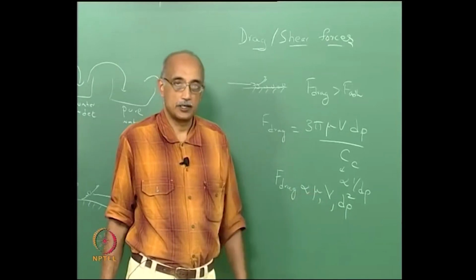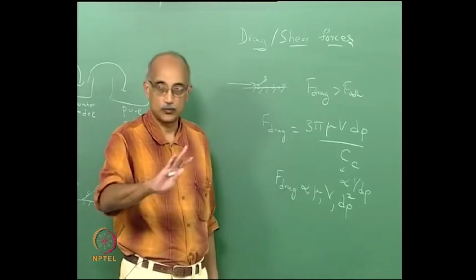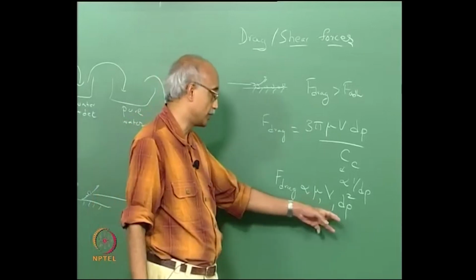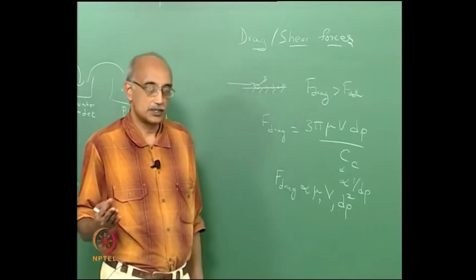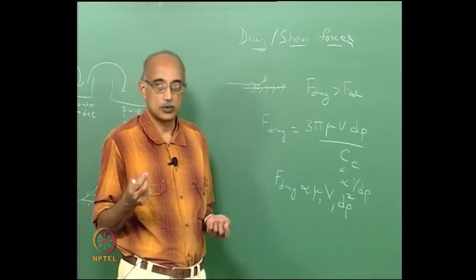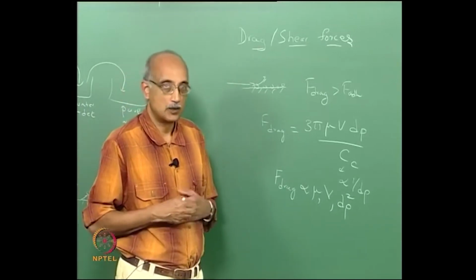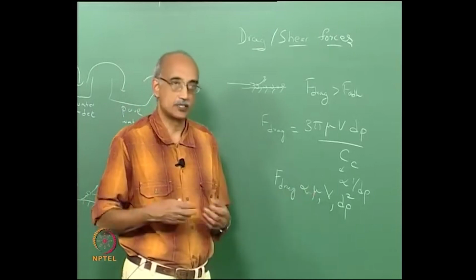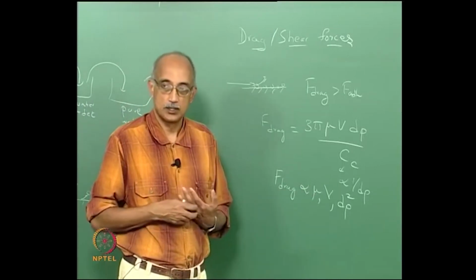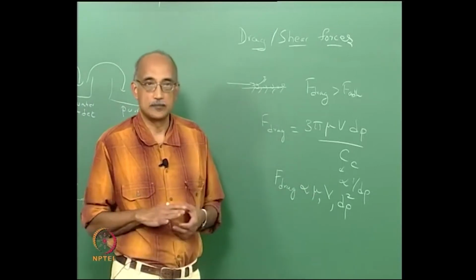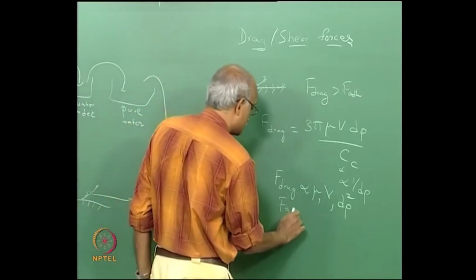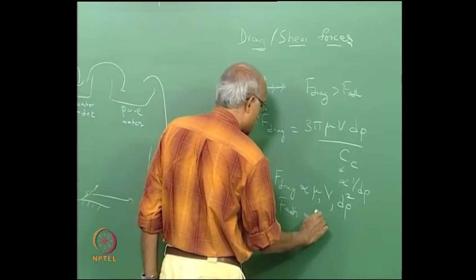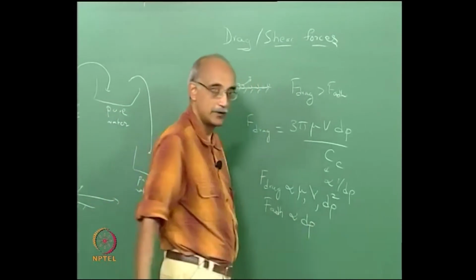Velocity is a major player. The greater the velocity of flow, the greater the particle removal potential. And of course this says that as particle size increases, the particle removal force goes as particle size squared. Of course the negative implication of this is that as particle size decreases, the removal force drops very rapidly. Again, remember that F adhesion goes as dp, right?